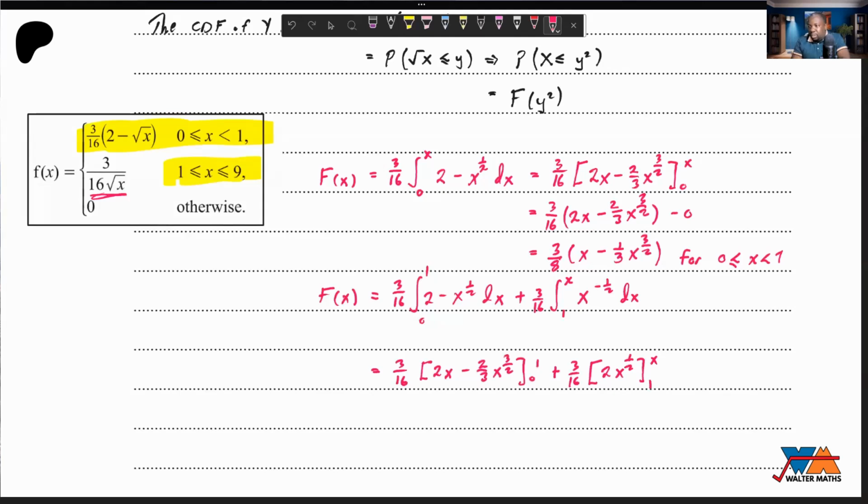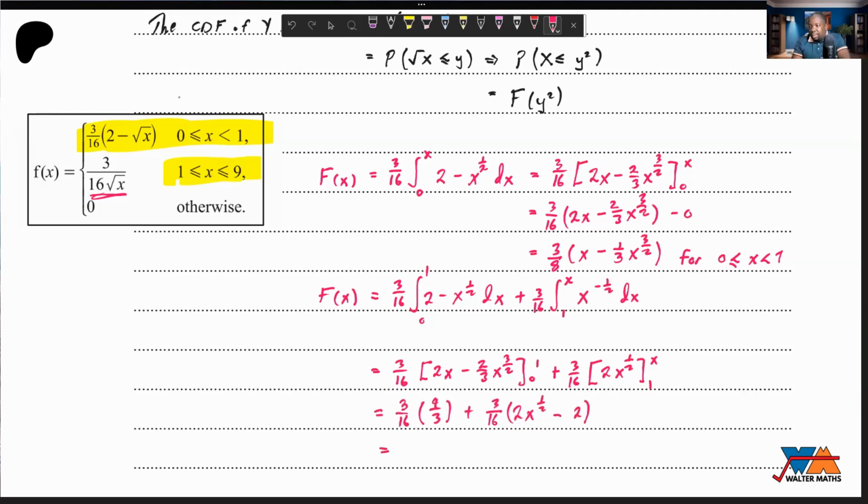So this is going to give us 3/16 of 2 minus 2/3, which is 4 over 3, and substituting 0 into this gives us 0. And that's plus 3 over 16 of, substituting x, we just get 2x to the half, minus, substituting 1, we just get 2.